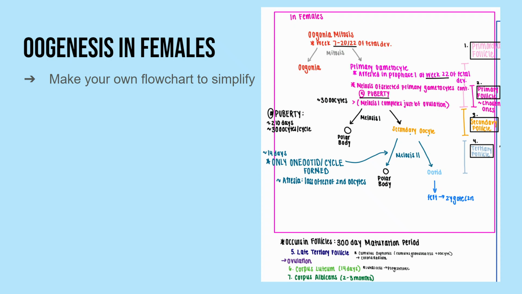Something else I want you to know is that the primary oocyte is arrested in prophase 1 during fetal development. So this is arrested, and it's specifically at week 22.